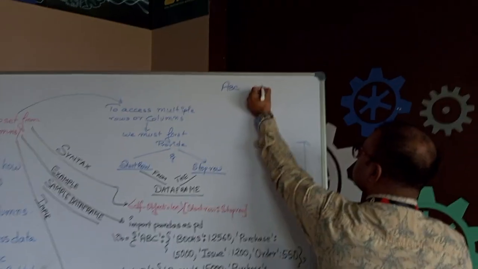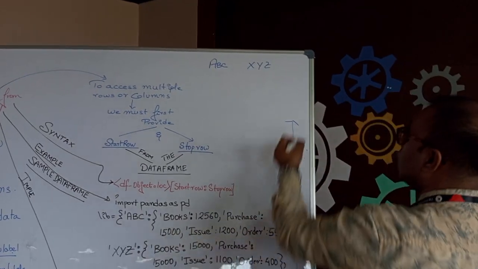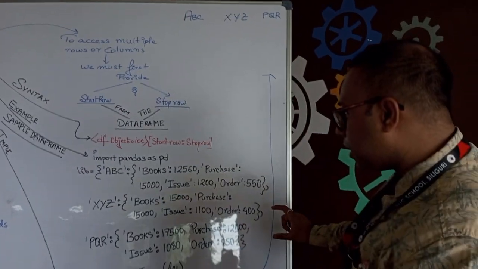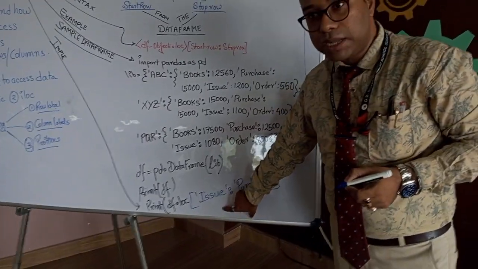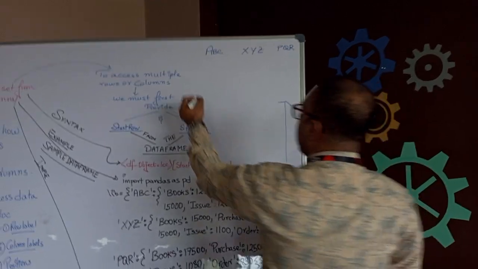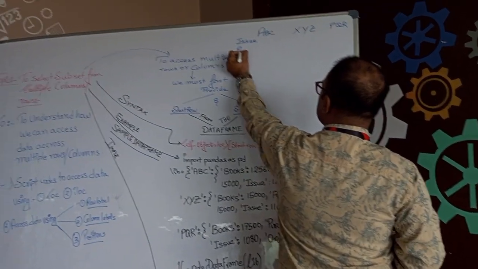Then the second column name is XYZ. Then the third column name is PQR. Okay. Now in alphabetical sequence, it is given issue, purchase. By alphabetical sequence, I comes first, then P, isn't it? So you have to write in alphabetical sequence, issue, then purchase.